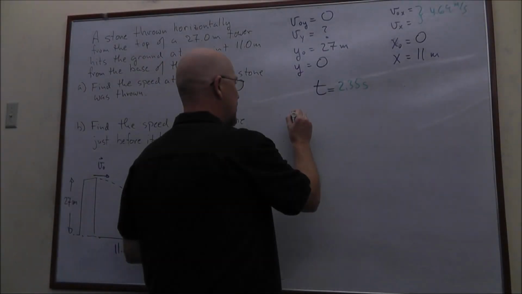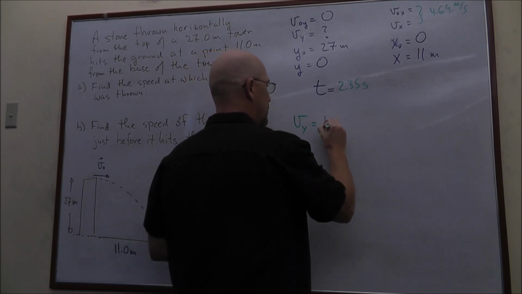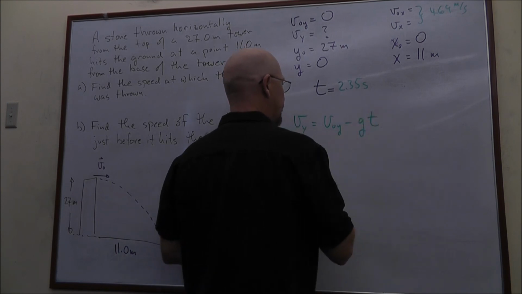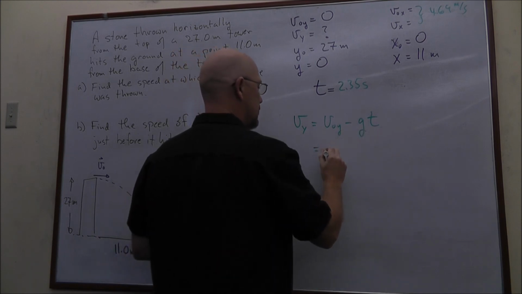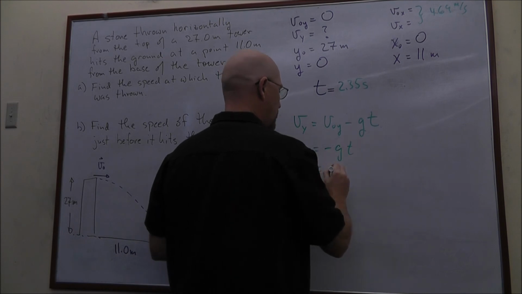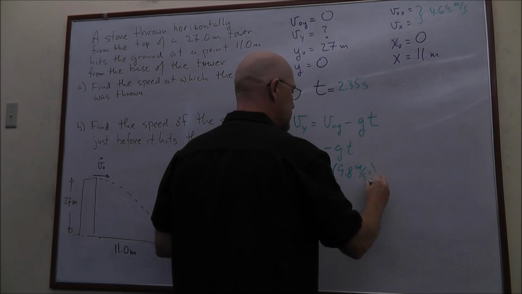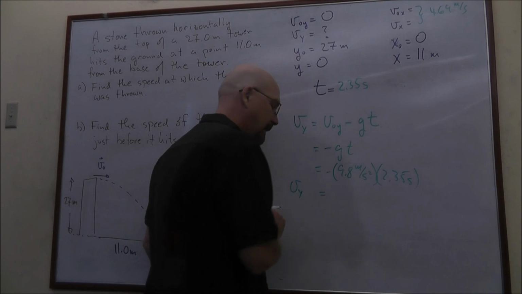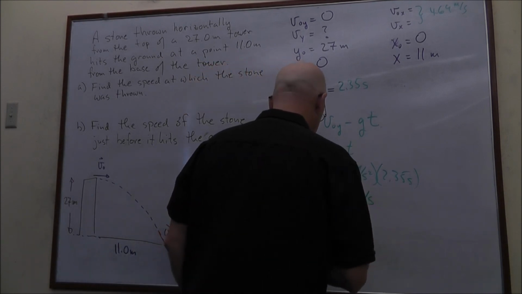We've decided to use Vy equals V0y minus gt. Knowing our initial is 0, I just have minus gt, or minus 9.8 meters per second squared times 2.35 seconds, giving my Vy of 23 meters per second.